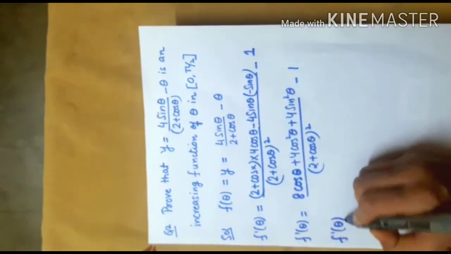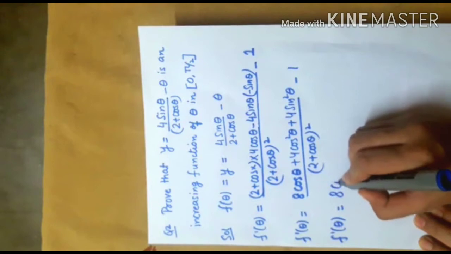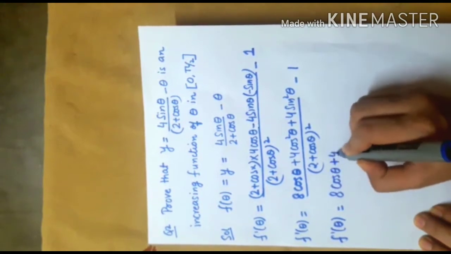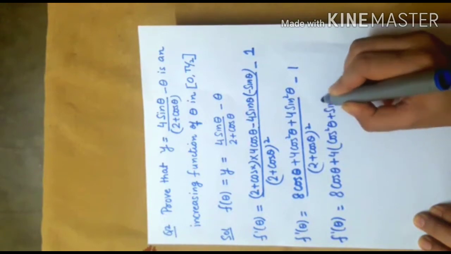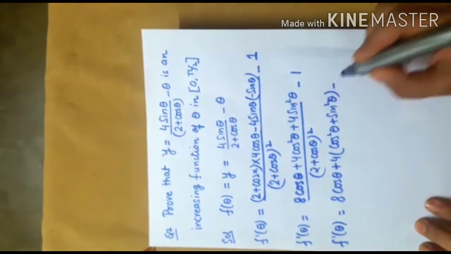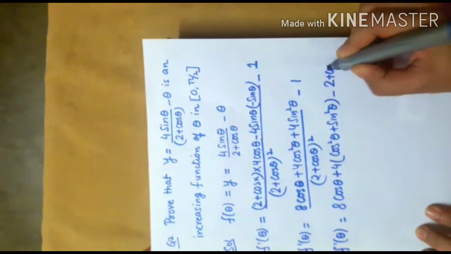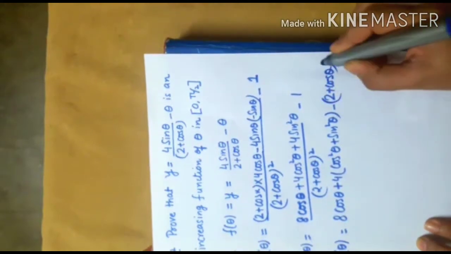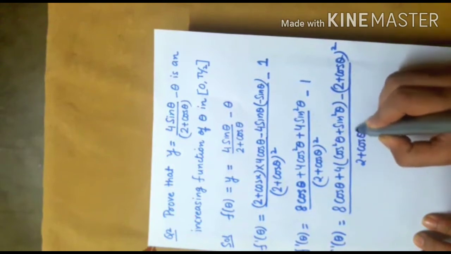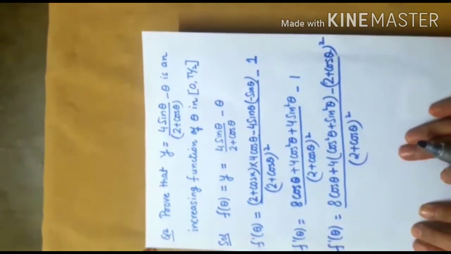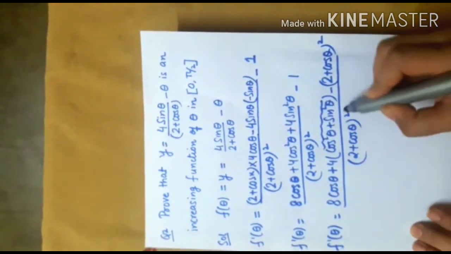This is f dash theta: 8 cos theta plus 4 (cos square theta plus sine square theta), minus (2 plus cos theta) whole square over this. I have taken the LCM. Now this is equal to 1.